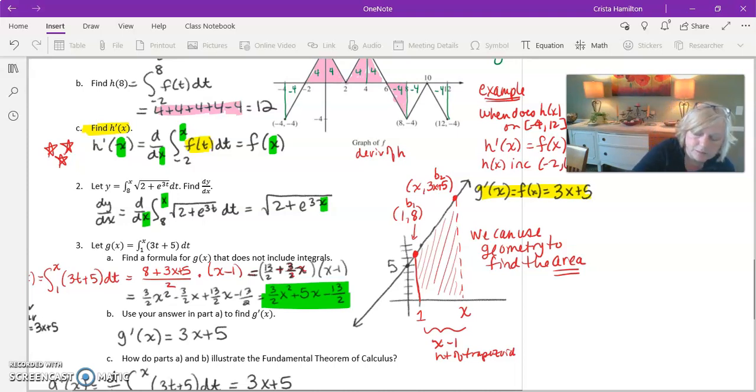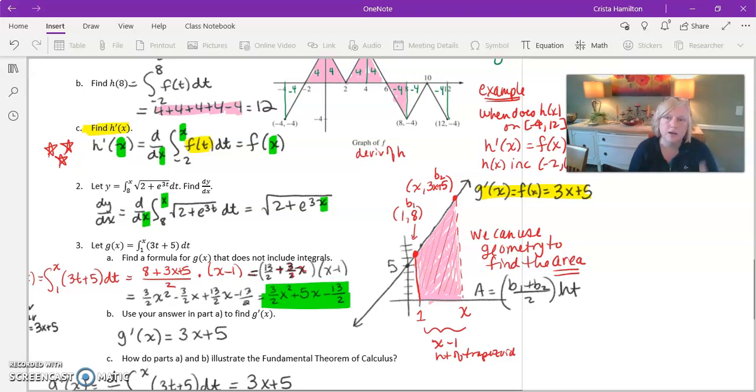Now, the area that I'm looking at here is geometry. So in this initial foray into calculating a formula for this, I am basically coming up with the area of this trapezoid. And reminding you about the area of a trapezoid is going to be base 1 plus base 2 over 2, the average of the bases, times the height of the trapezoid.